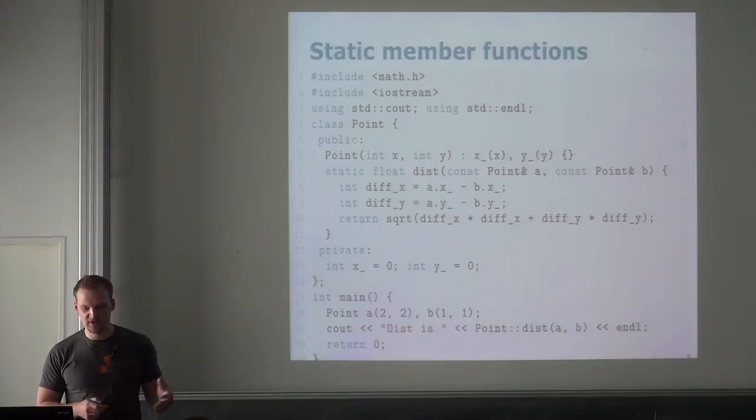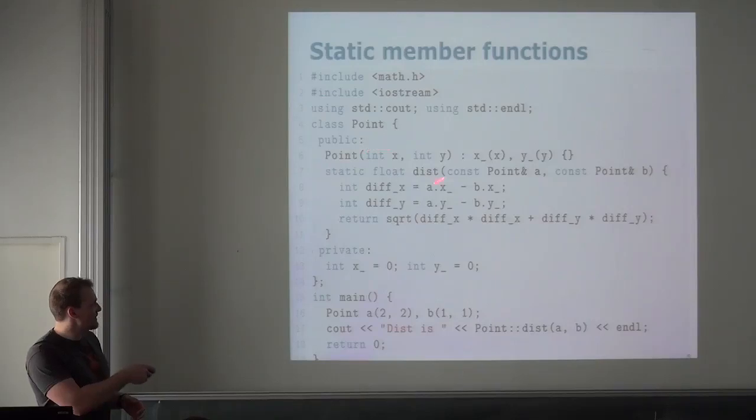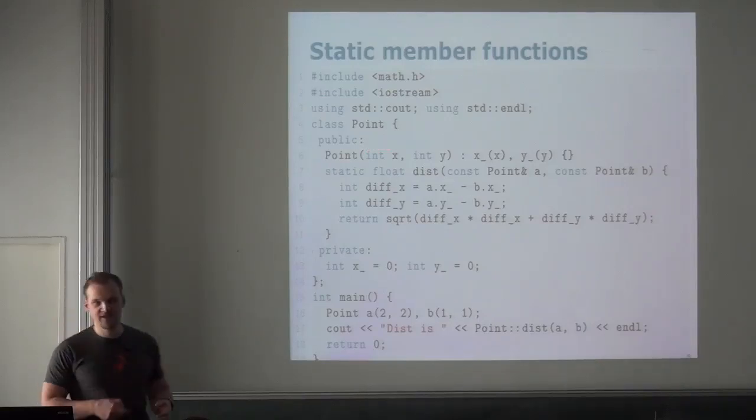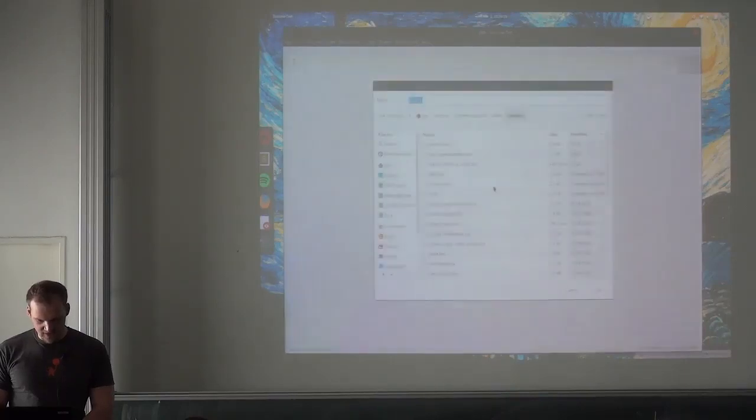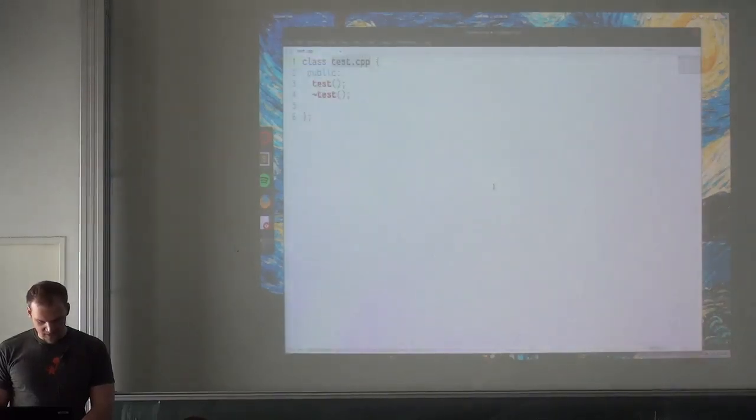So for instance, we could just make this function not static and take the other point. I think it's again easier to just do an example again. Okay. So class Point, int x, int y, private.